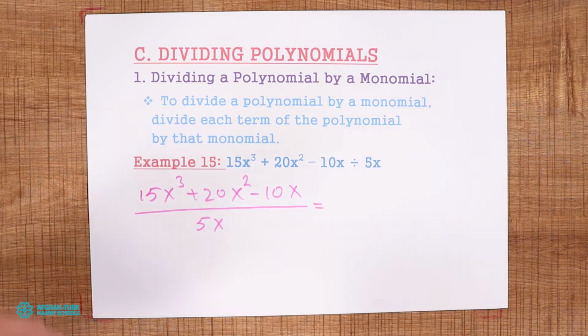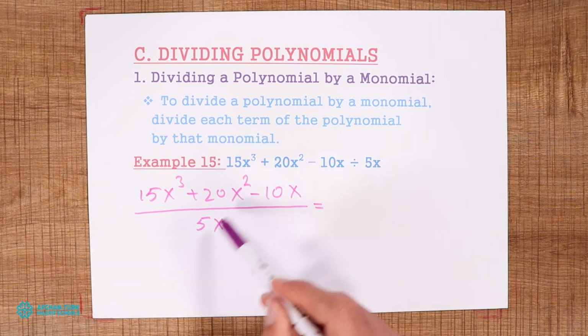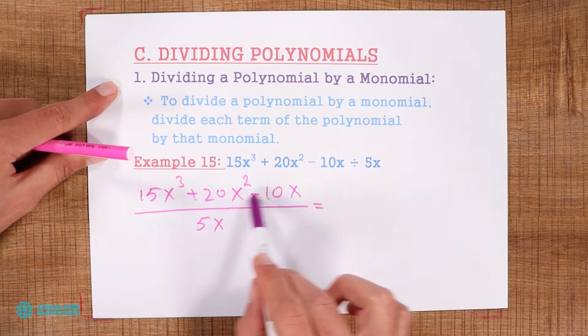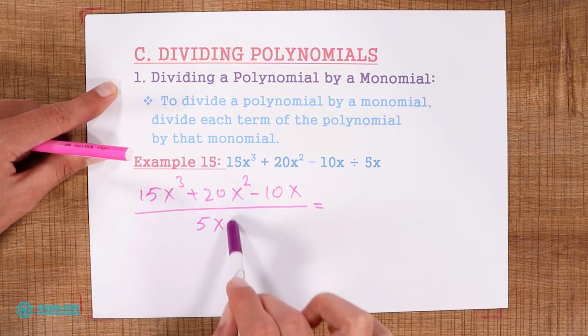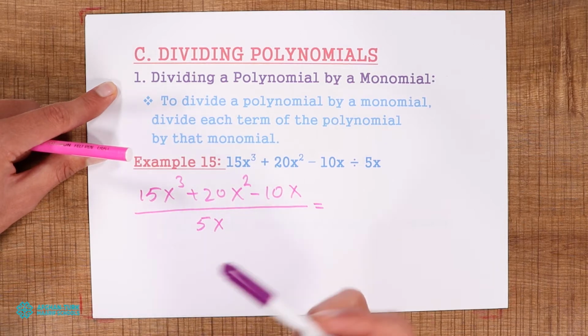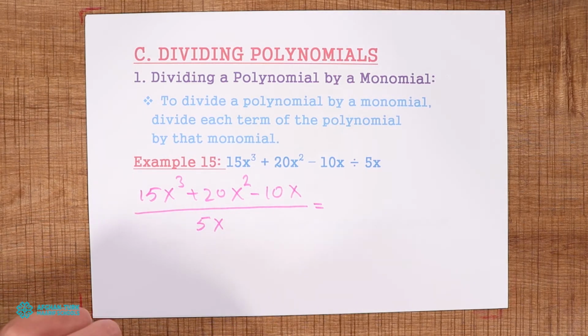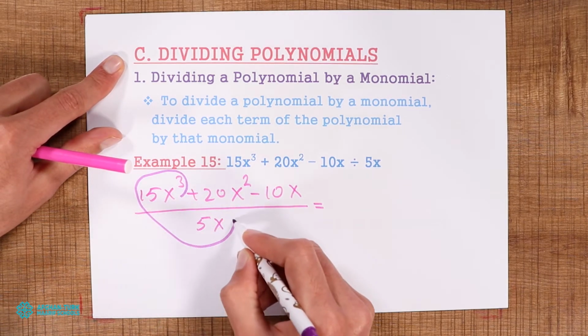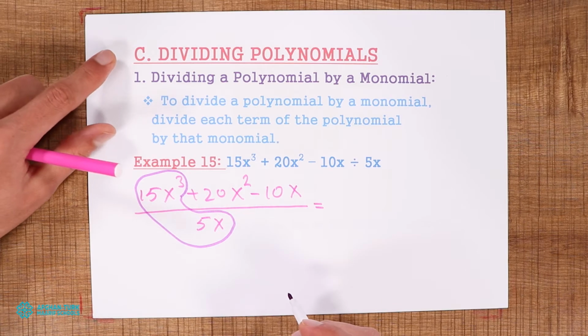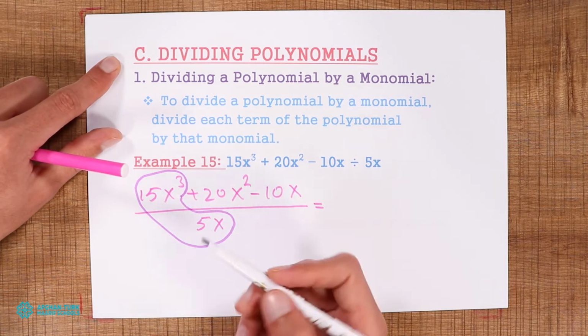So to divide a polynomial by a monomial: this is a polynomial because we have three terms here, and this is a monomial because in here we have one term. There is no plus or minus sign here. So to divide a polynomial by a monomial, divide each term of the polynomial by the monomial.